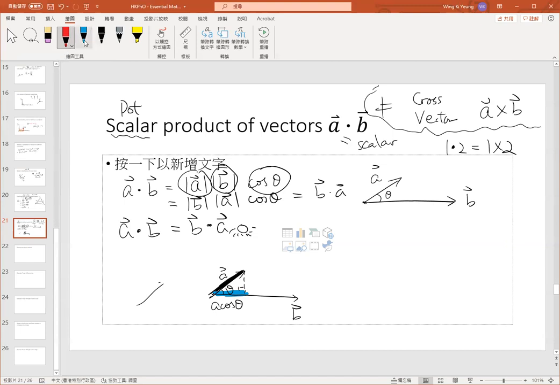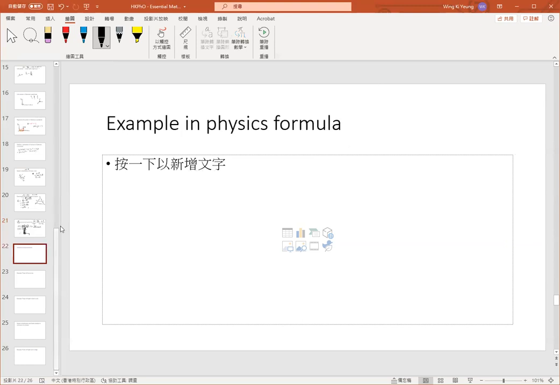So in this case, it means that no matter what the vertical length of vector A is, these three different vector A's will still give you the same result for A dot B, because they have the same length in the shadow. So the magnitude of A times cosine theta is still the same. This is the geometric meaning behind it.